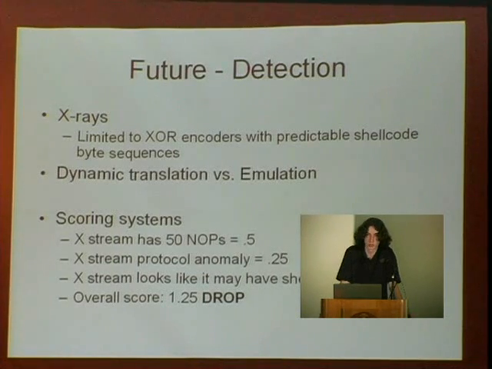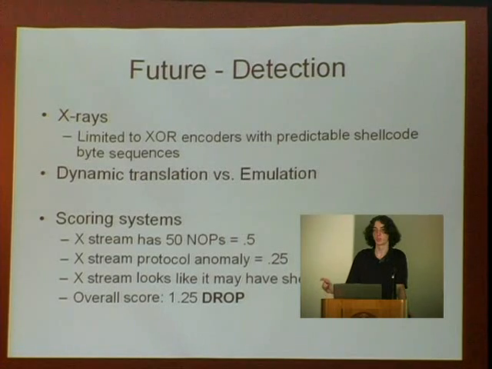So what we can do is we can just have scoring systems. We may not be able to say that every packet has a shellcode in it, but we can infer that if a packet has NOPs in it, it may have shellcode. And if a packet has protocol anomalies in it, it may have NOPs. Basically what this means is that we look for the lowest common denominator first. It's likely that if there's an exploitation attempt, there's going to be a protocol anomaly in there somewhere.